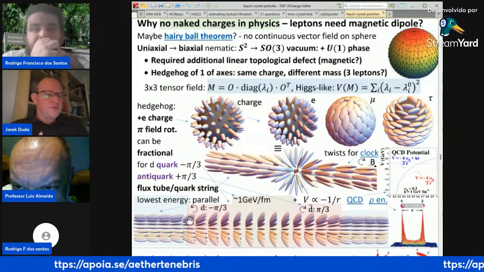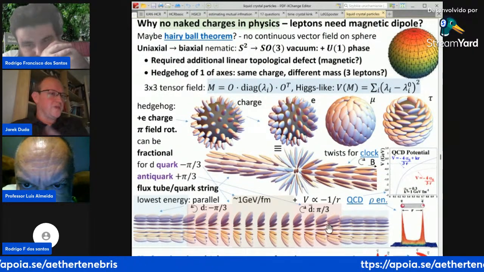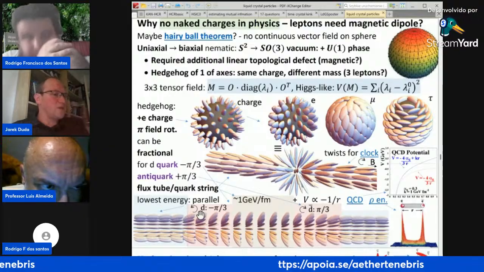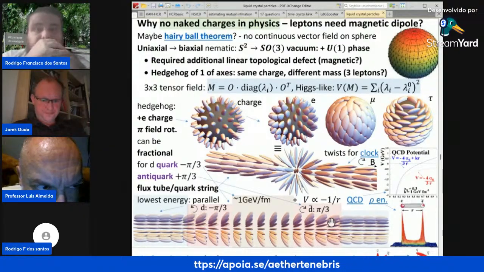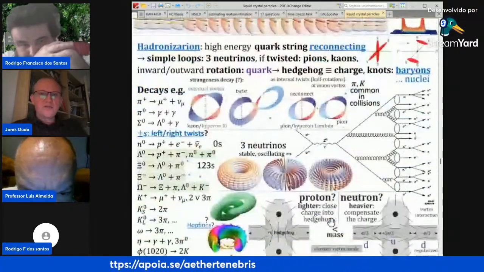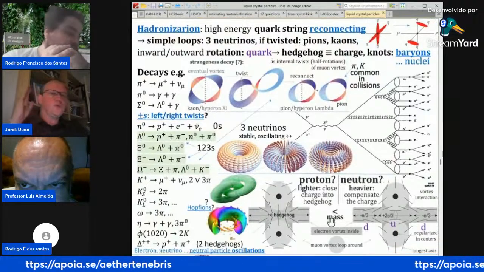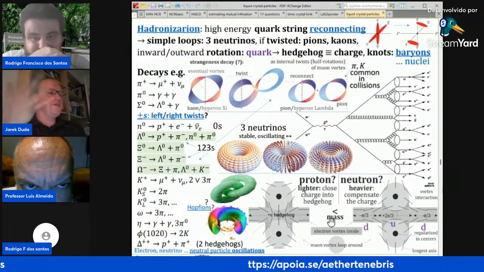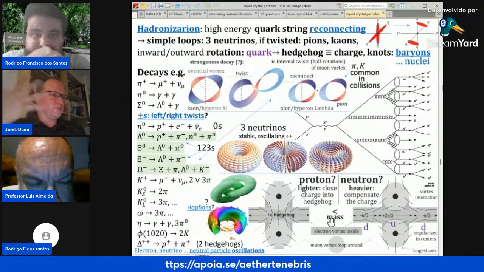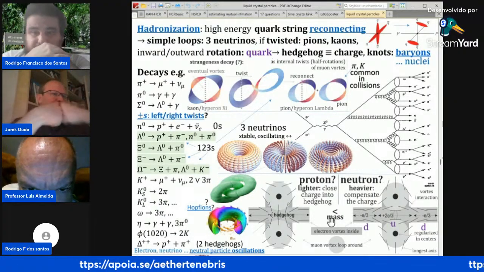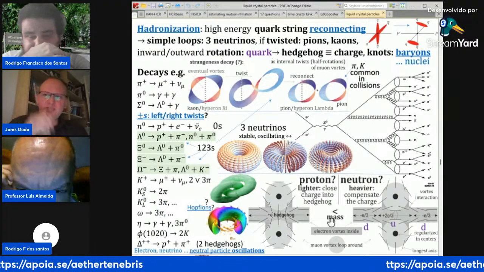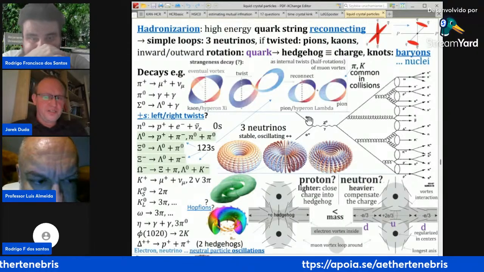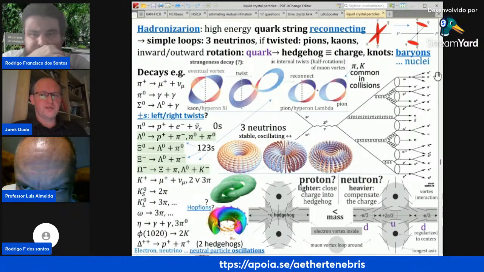Then, as mentioned, we have the quarks as excitations of the quark strings, connecting the two quarks. And I have also mentioned string hadronization, that they believe that in the LHC there is this basic model to understand what they see in these collisions of particles, and they believe there are created these quark strings and they decay into particles.